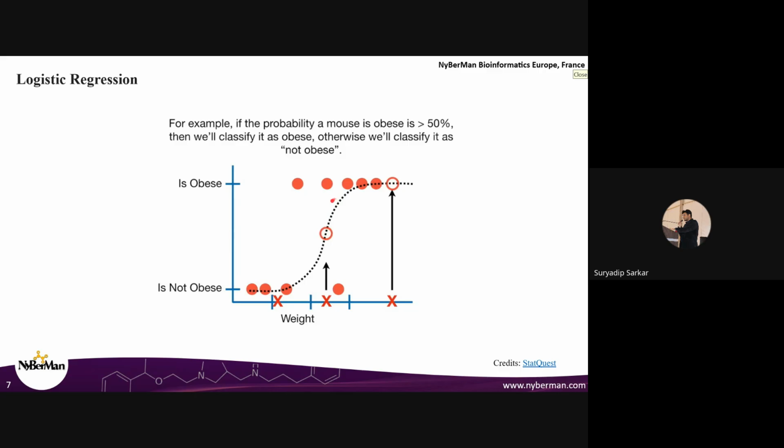I can keep the threshold at 0.7, and say that whatever is greater than 0.7 I will classify as obese, and whatever is less than 0.7 I will classify as not obese. I can keep the threshold at 0.3 and say whatever is less than 0.3 is not obese, and whatever is greater than 0.3 is obese, right?